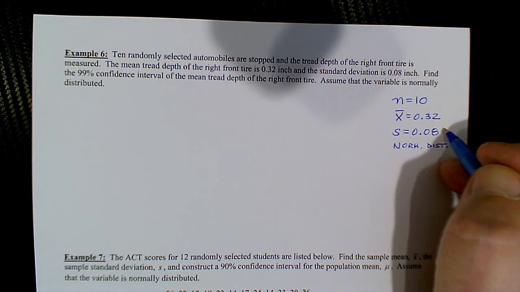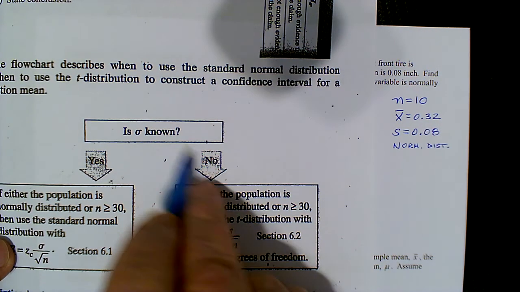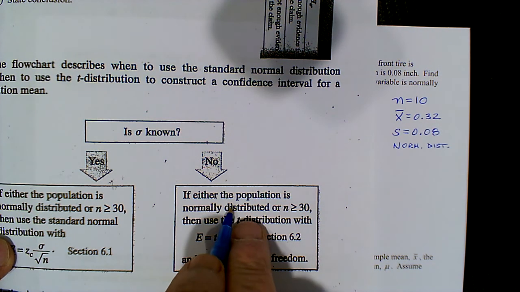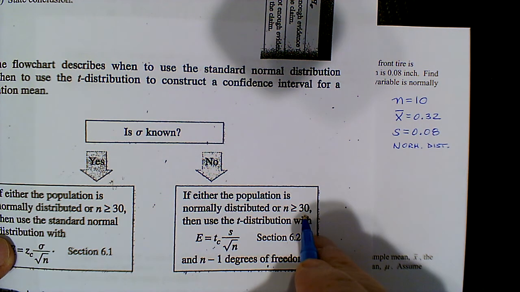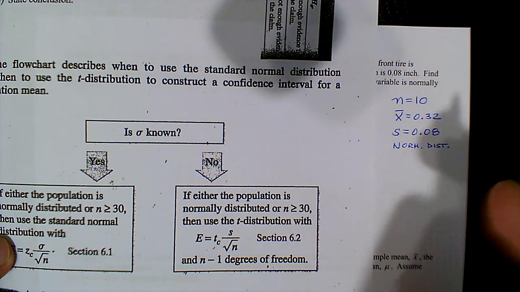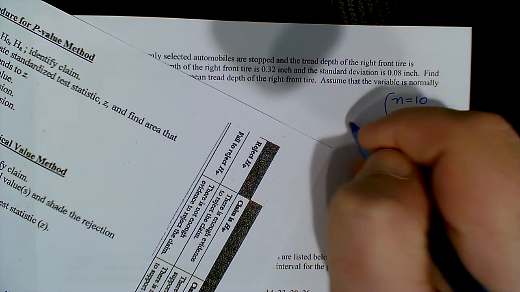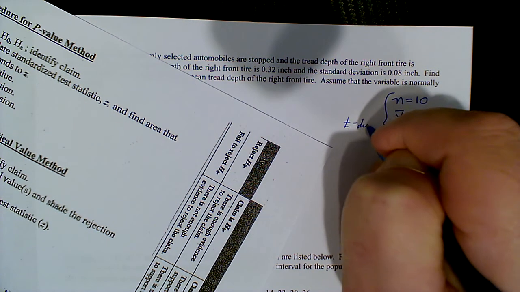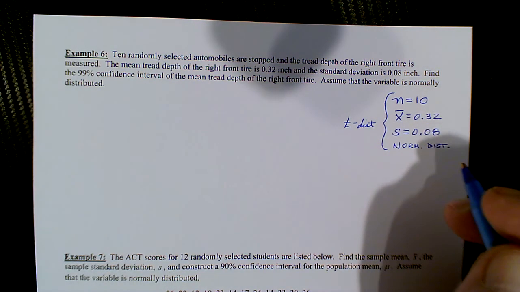So based on that data, we use the t-distribution. And so next thing to do is to find the critical value. Okay, it's based on a 99% confidence interval. C is 0.99 then.